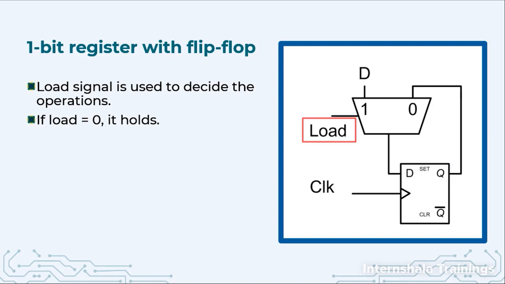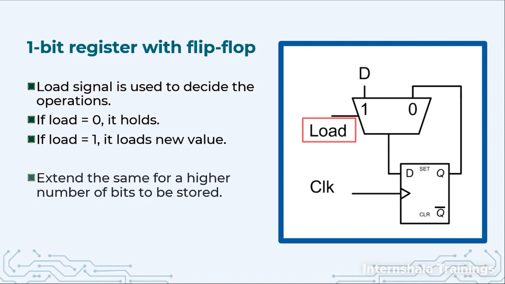That means the same Q will pass back to the D. Next, if I keep load equal to 1, then whatever is the value of D will be transferred to the input of the flip-flop. So now you can see that we have both functionalities. If load is 0, we are retaining the last output, and if load is 1, we are loading the new input. So now we can extend the same logic to more bits.